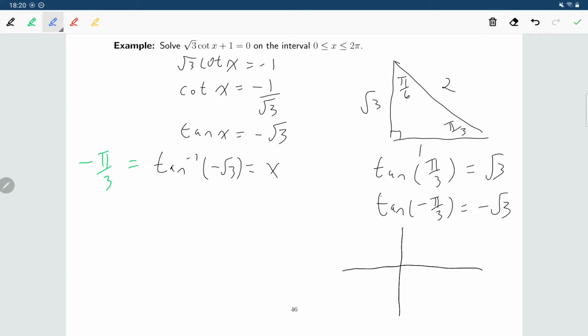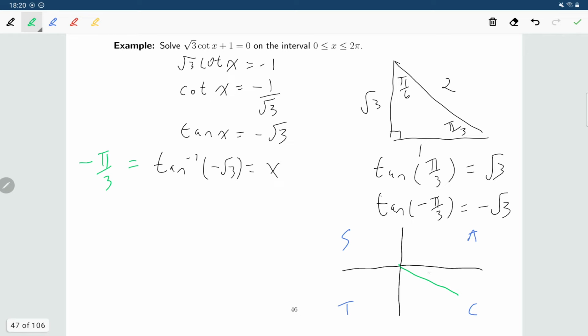Remember that tangent has two places where it's going to be positive and two places where it's going to be negative. It's going to be negative in quadrant 4, and it's also going to be negative in quadrant 2. We know that the angle negative pi over 3 would give us the right value for tangent of negative root 3.